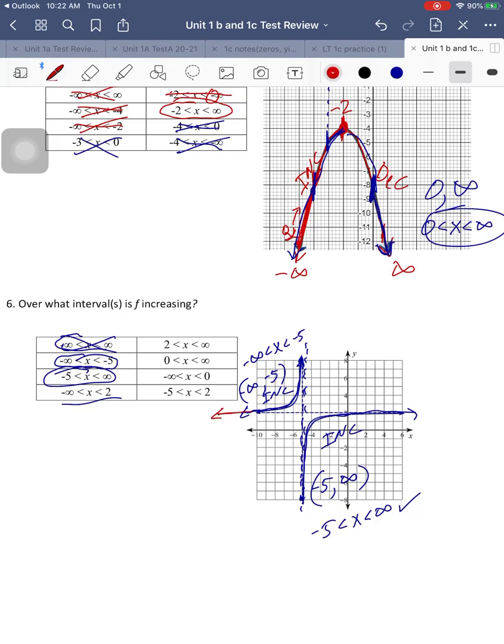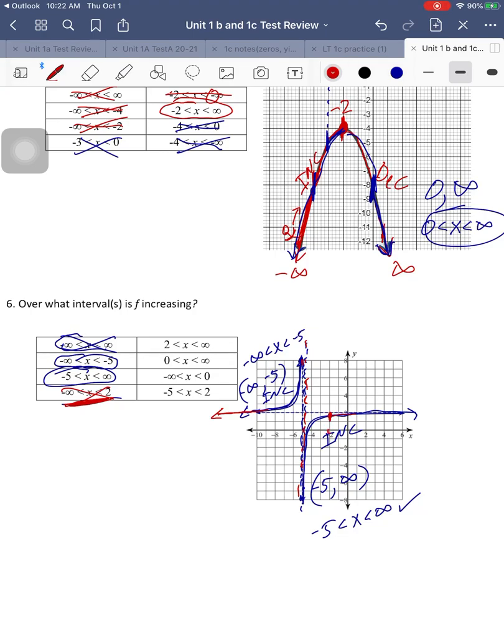Let's check that. -infinity to 2. Well, it can't be because there's an asymptote. This number between -infinity and 2 includes -5. And -5 is not part of our increasing interval. There's an asymptote there.